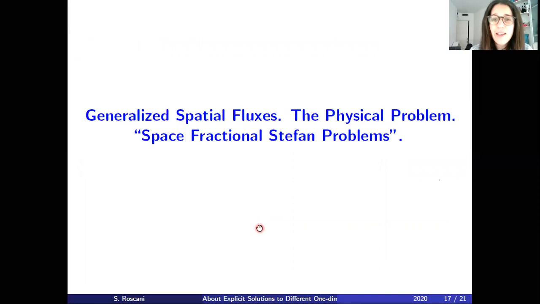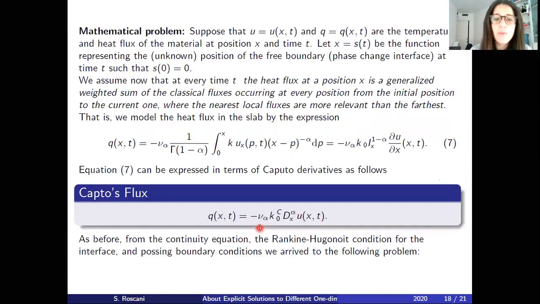The last part of the talk is when we consider space fractional Stefan problems. Suppose again that we have a one-dimensional phase change problem, with temperature constant in one phase. And now we suppose that we have a fractional flux given in terms of the spatial variable.